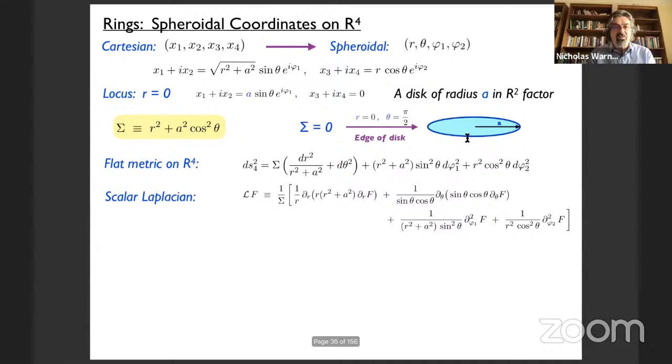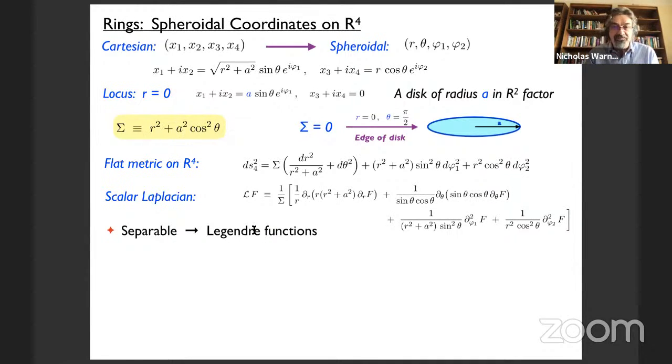And the other reason why it's important is, well, if you calculate the scalar Laplacian for this metric, you find something else extremely important about it. Notice the sigma comes out as an overall factor. Moreover, notice that sigma is the sum of a radial coordinate and something that involves the angular coordinate. So if you try and solve the eigenvalue problem, the wave equation on this coordinate system is separable. Because if you put this equal to lambda times f, you get r squared plus a squared cosine squared theta times f, and you can separate that.